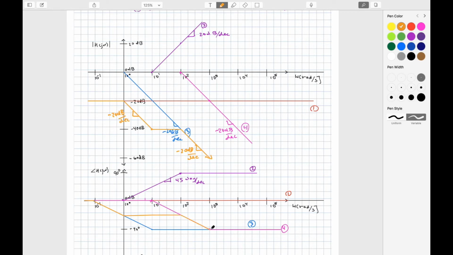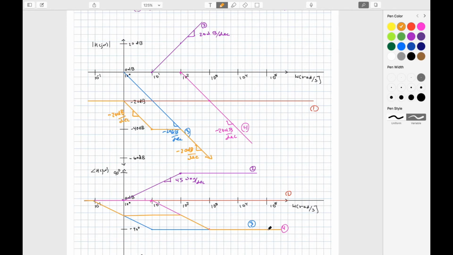And then finally, I can follow along and get here. Now, in the same way that I had in the magnitude plot, I can add the number of poles and zeros there are and determine where I should be. Each pole contributes negative 90, each zero contributes plus 90, and so I've got 1 zero and 2 poles, and so if I take that sum, I should end up at the same place, which in this case is negative 90.